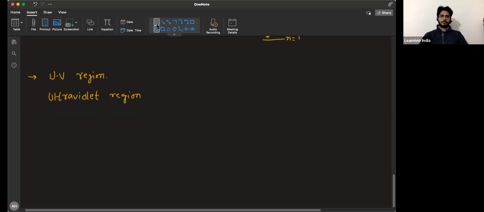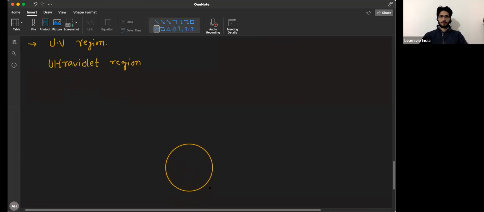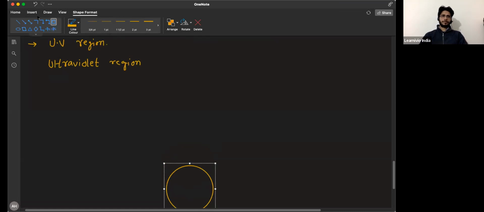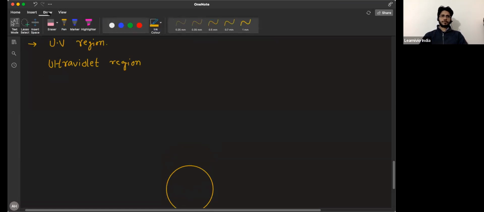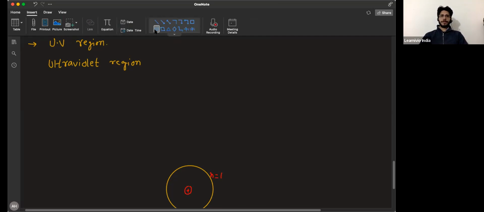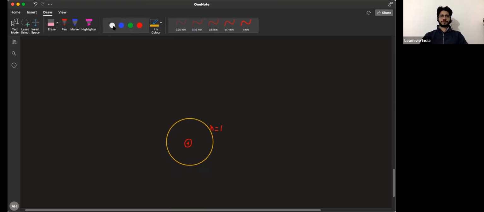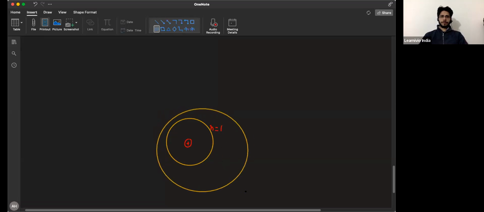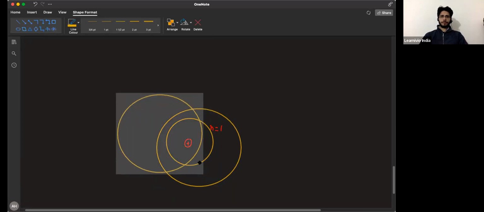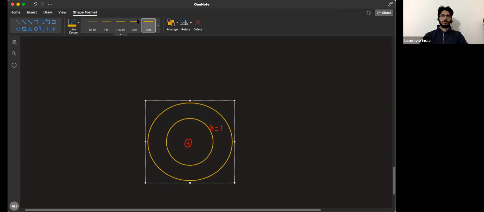See, let's take a diagram. This is the nucleus. Around the nucleus, you have different energy levels, orbits. This is n equal to 1, the first orbit. Then you will have the second orbit. Then you have the third orbit.